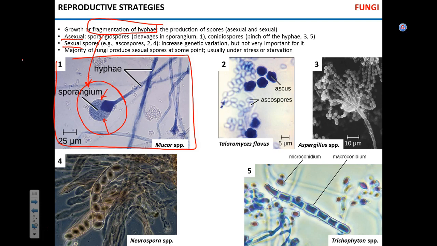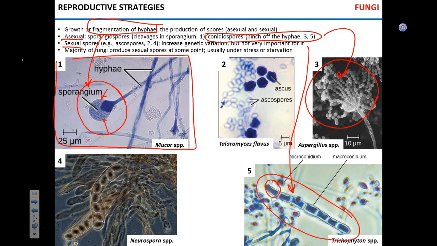Another type of asexual spores are conidiospores. Basically, those are the spores that pinch off the reproductive hyphae. Like this, conidiospores from Aspergillus. This structure is called a conidium. Or conidiospores of the skin pathogen Trichophyton. So these are conidiospores, and this whole structure is called a macroconidium.